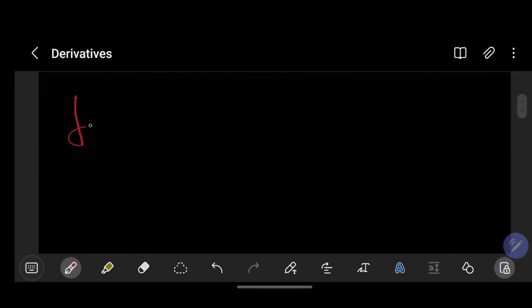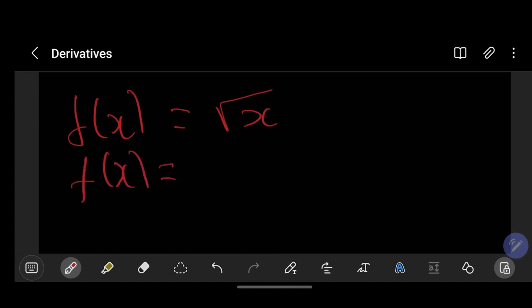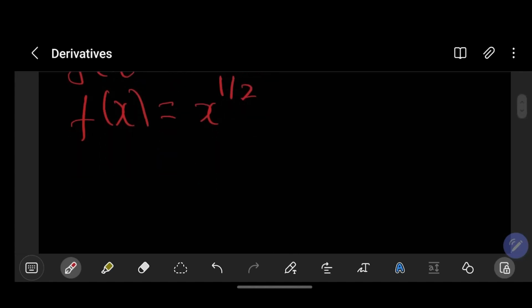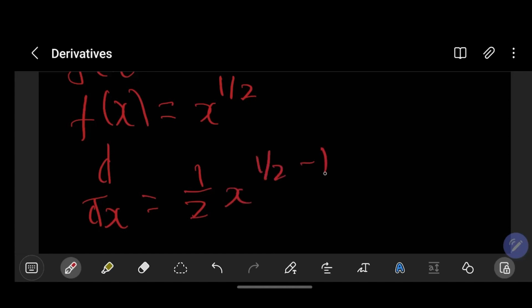So let's say we have f of x is equal to the square root of x. So what do we do here? Like in my integral video and like in the previous example, let's get into a form we can recognize. We can rewrite the square root as x raised to the half. So now we have this in the power rule. So d dx is now equal to a half x to the half minus 1.